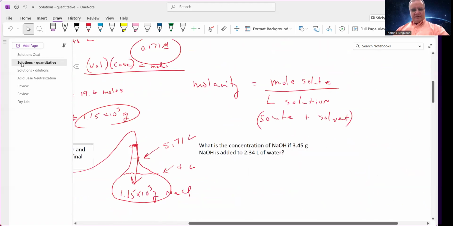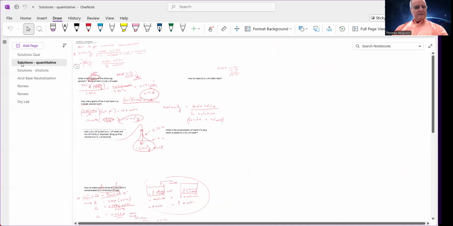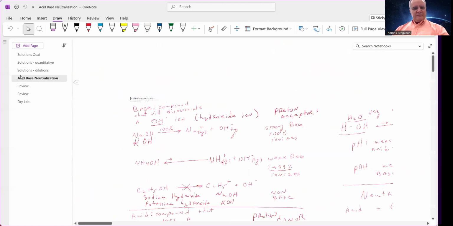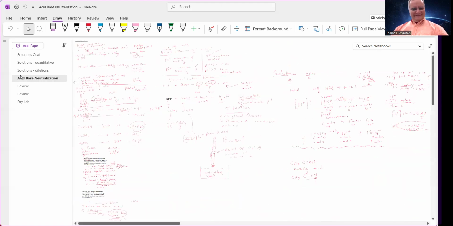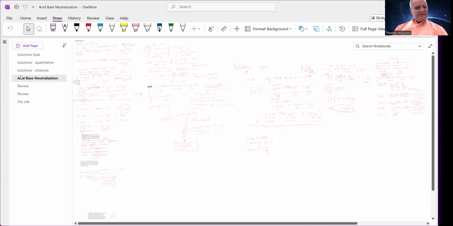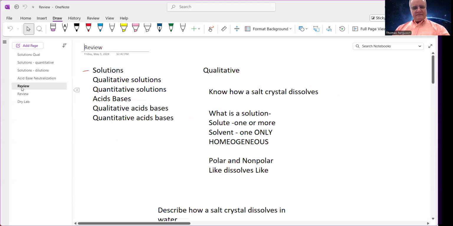We look at a periodic table. Where's the periodic table?